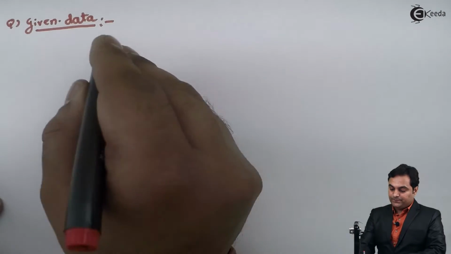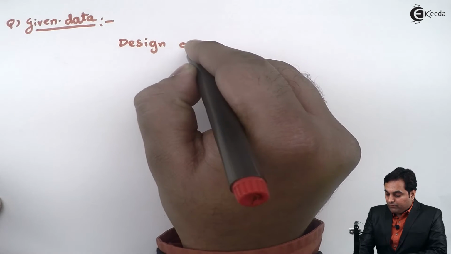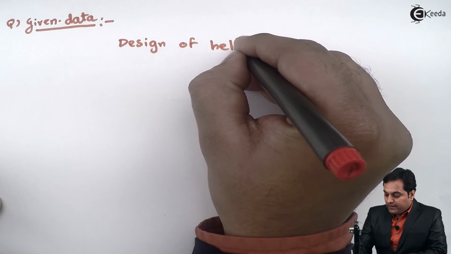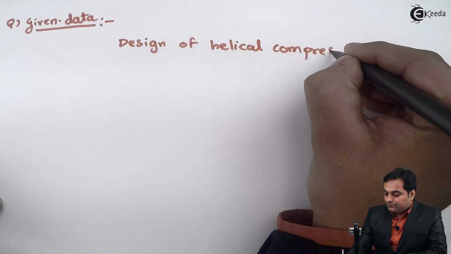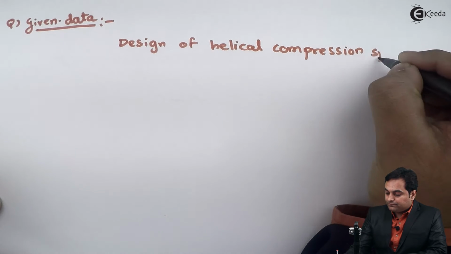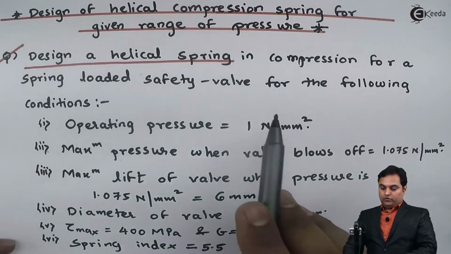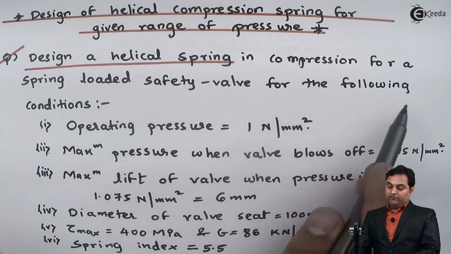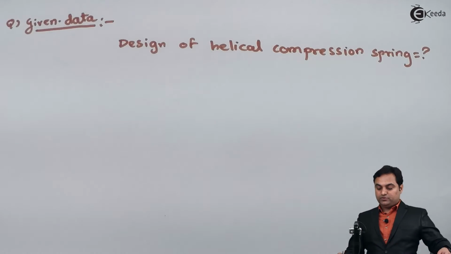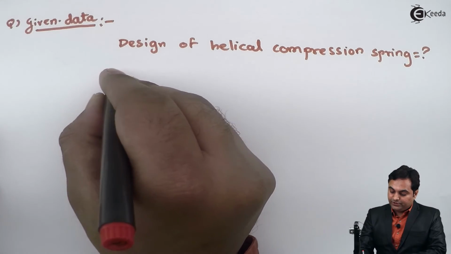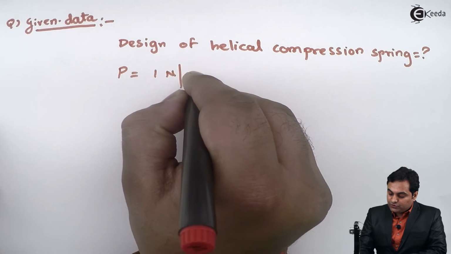So the question is design of helical compression spring. For the spring loaded safety valve for following conditions, operating pressure is given 1 Newton per mm square. So operating pressure I denote it by P, that is 1 Newton per mm square.